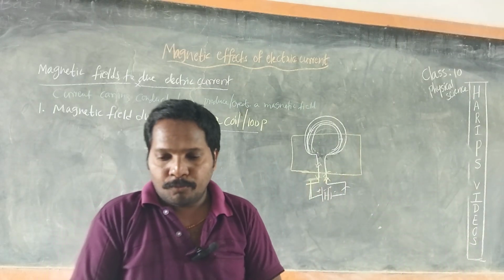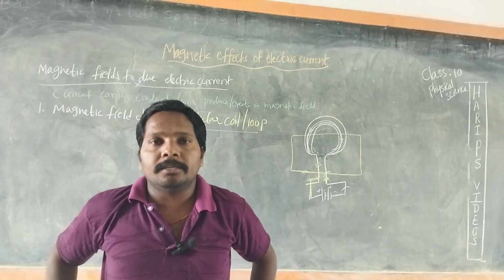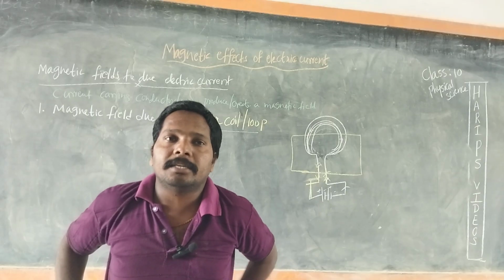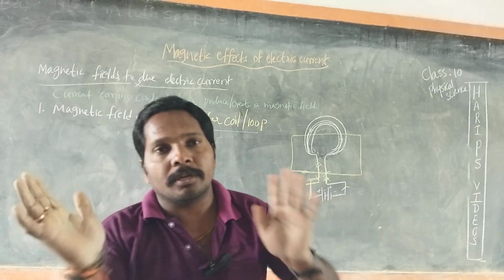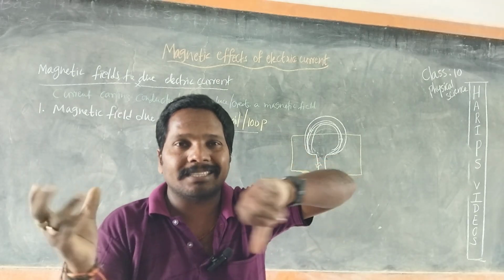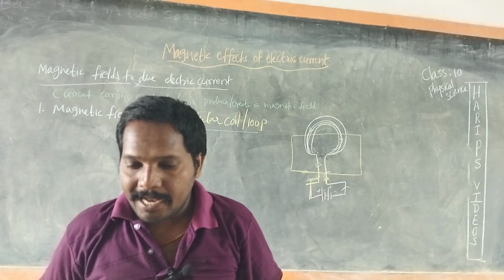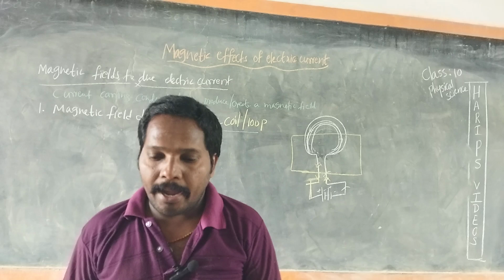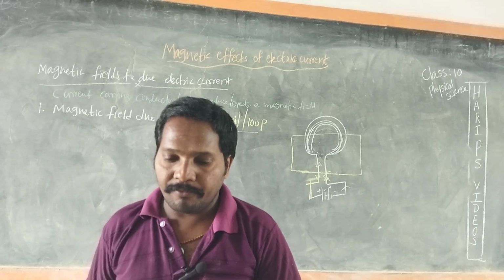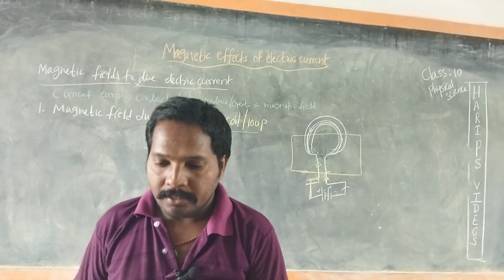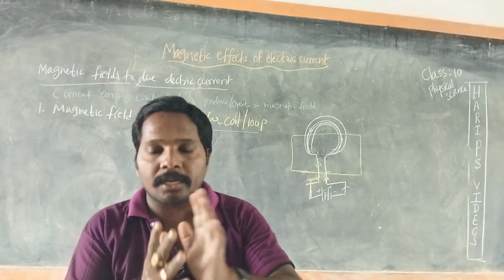Right? So we know that when current passes through a straight conducting wire, a magnetic field is produced around it as concentric circles. It has been found that the magnetic effect of current increases if, instead of using a straight wire, the wire is converted into a circular loop.